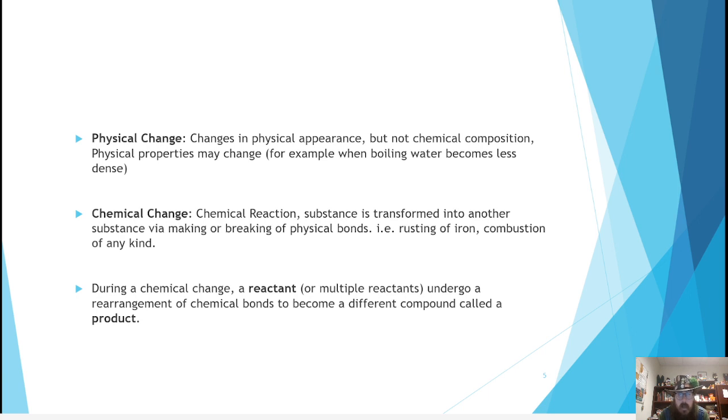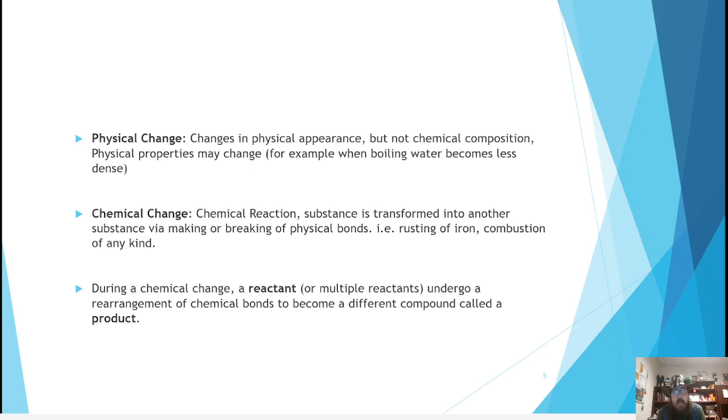It's still H2O. It has not broken any bonds. We can take a big chunk of steel and shear it off. I cannot easily put them back together. It is possible, but it's not very easy. But the fact of the matter is the iron is still iron in both cases.